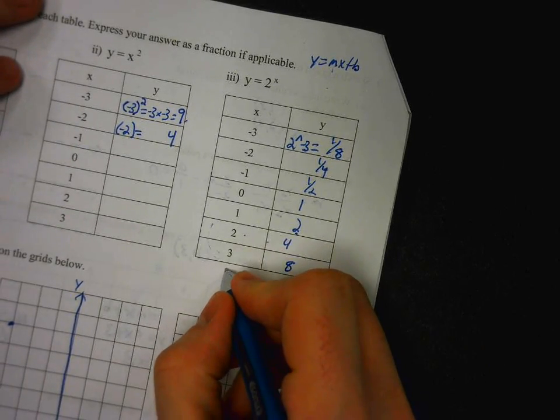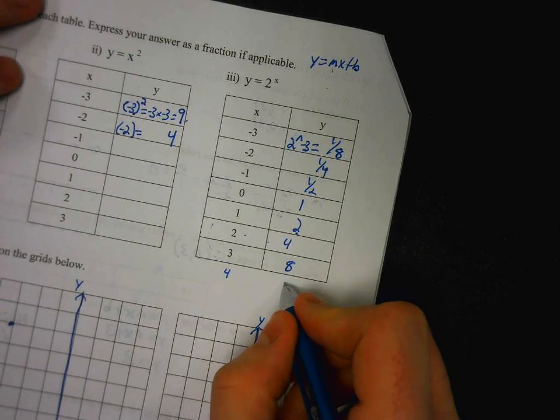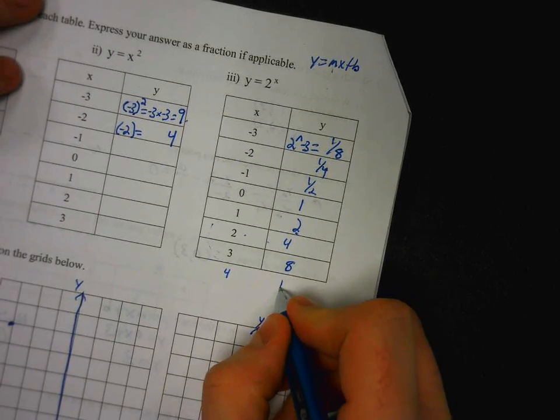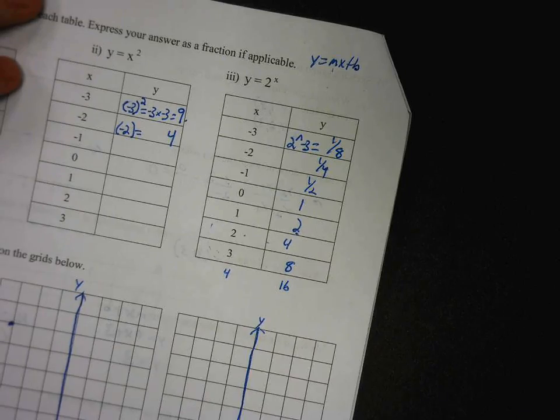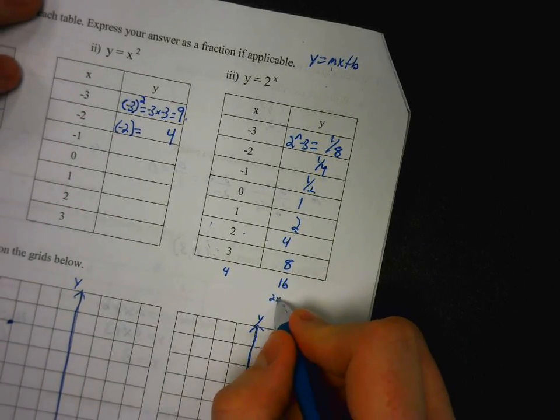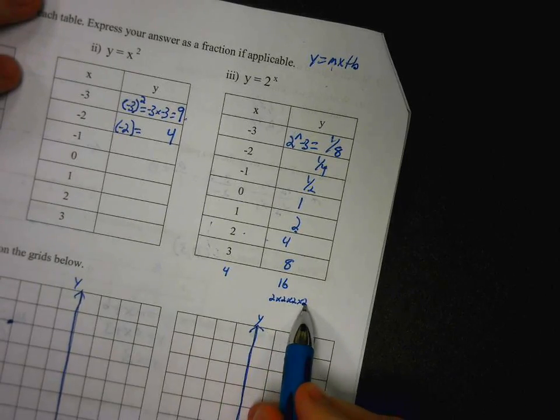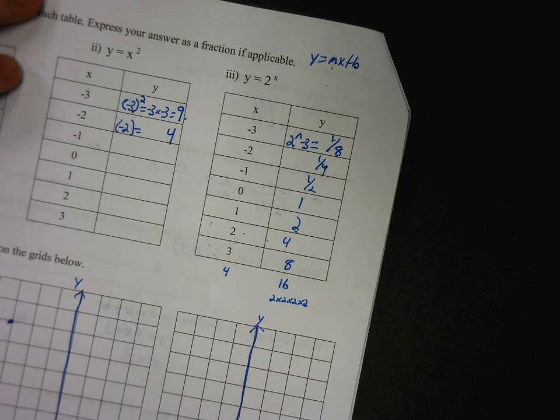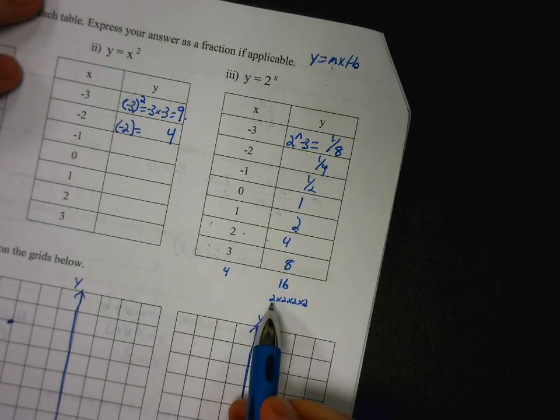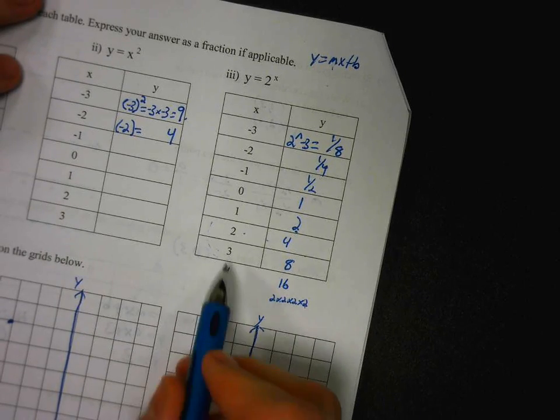If you had a 4 there, then you would multiply this output by 2 again. So that would give you a 16, and that would be 2 times 2 times 2 times 2. So you multiply 2 by itself 4 times. So again, to get y, you multiply 2 by itself x number of times.